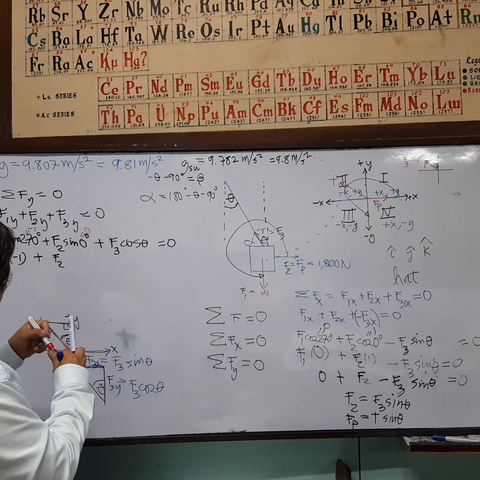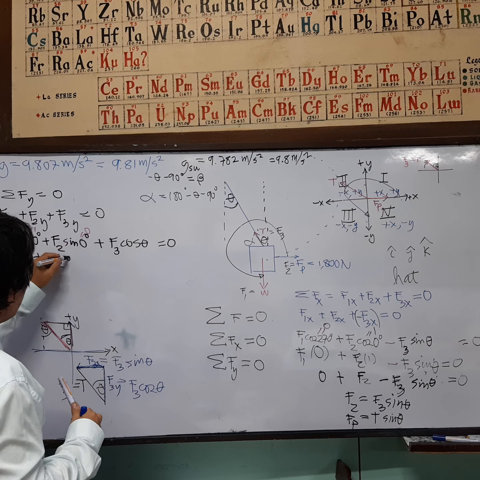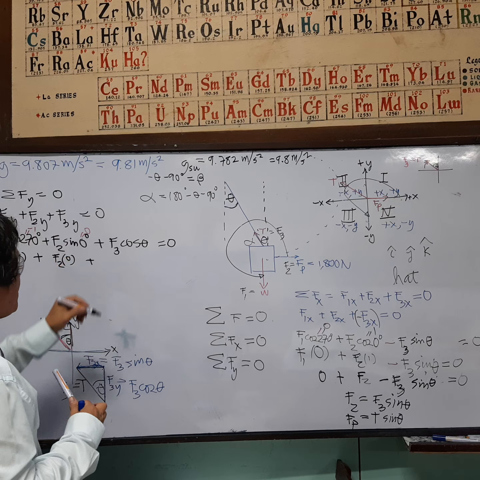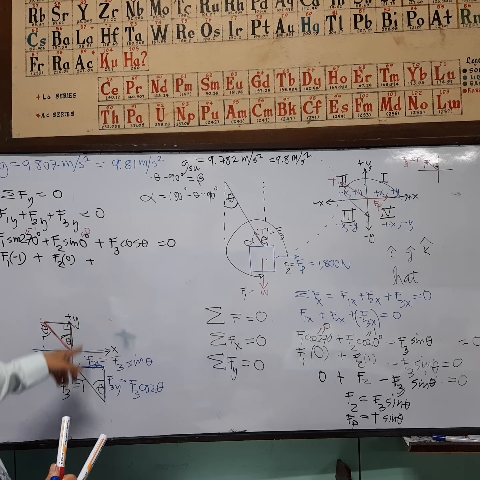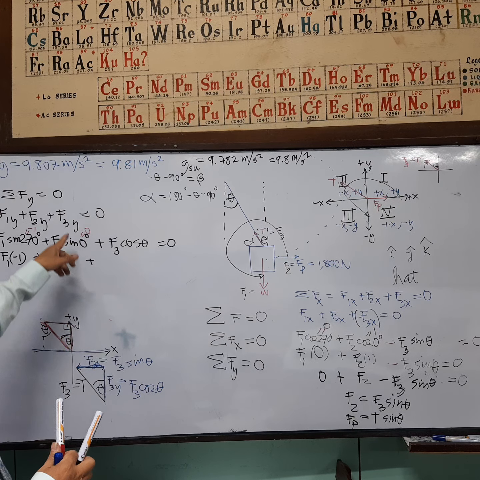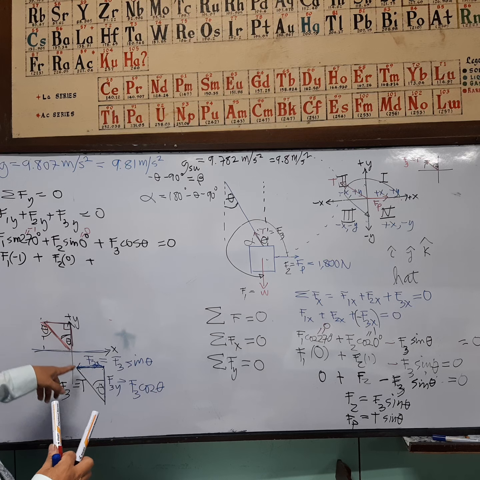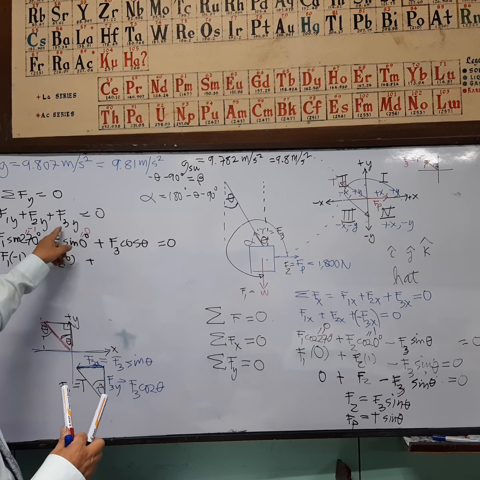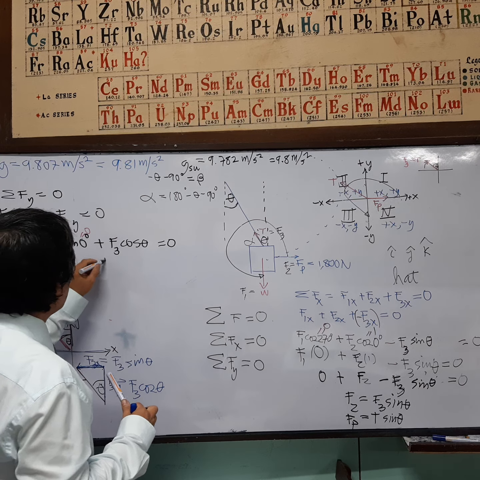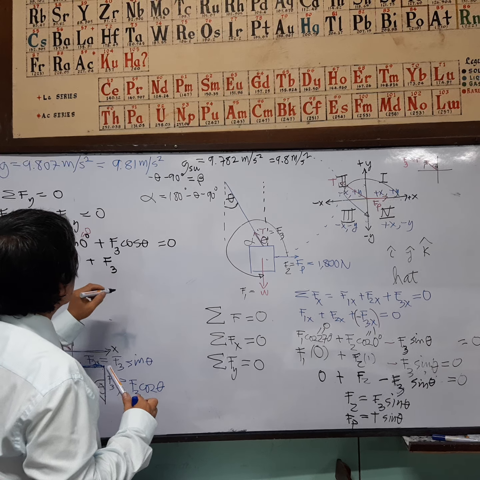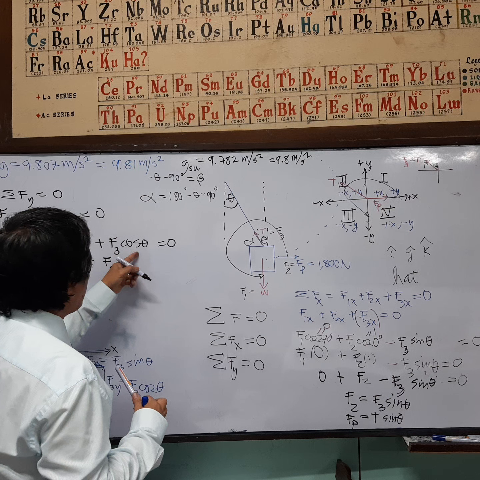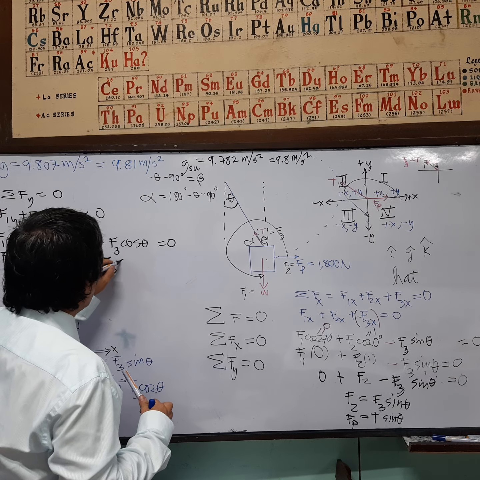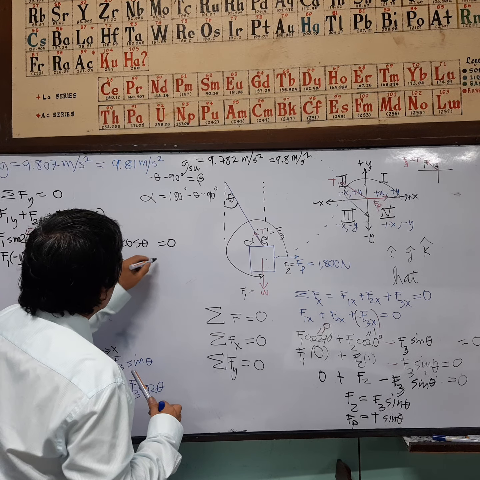Plus F3, the y component here is positive. So you have F3 cosine theta, theta taken from the y-axis, which we do not know.